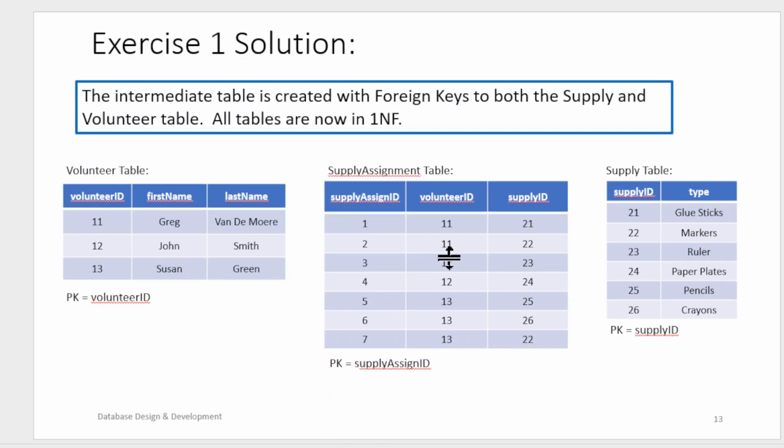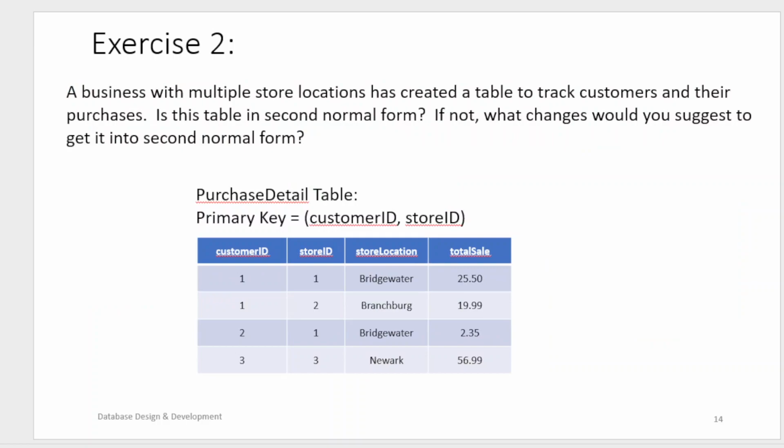This would be an intermediate table that would work, and you notice we even stuck in a supply assign ID to give it a primary key. A primary key is not totally required for an intermediate table like this, but it's always a good idea. Now our tables are all in first normal form.